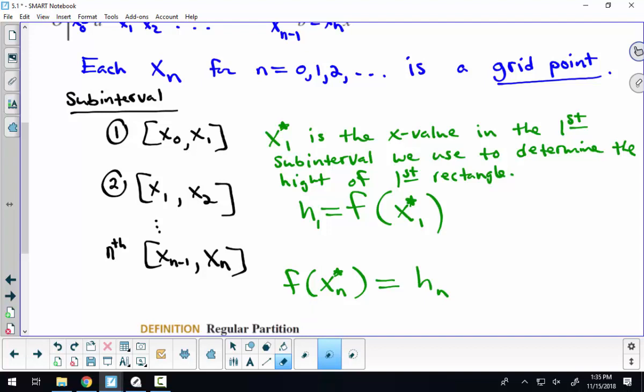The height of the second rectangle is the function evaluated at x star sub 2, and so on and so on. So when we've got a little subscript on x, that's just indicating the endpoints of the rectangles. The x stars are the values in that interval that give us the height of the rectangle.